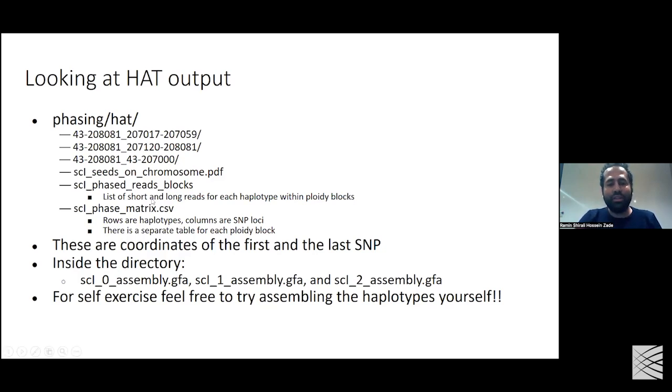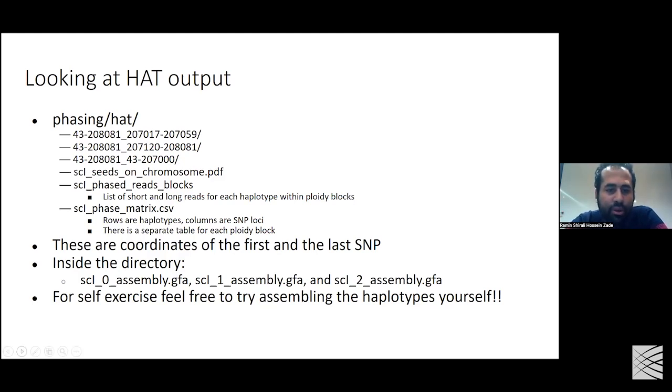But the ones that are assigned, you can find in this file. And the other file is the phase matrix file. This one just mentions what alleles were assigned to the haplotypes at each SNP locus. The rows are haplotypes and the columns are SNP loci, and there you can see the allele that is assigned to each haplotype.